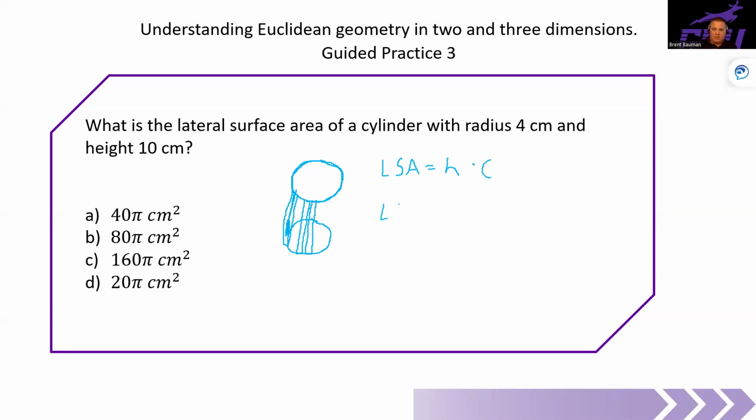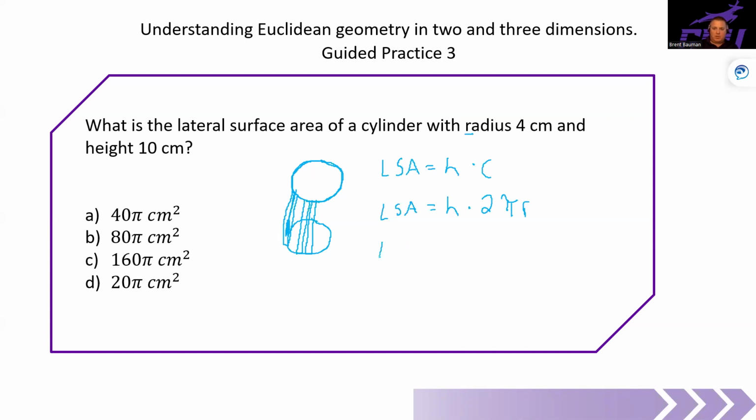So our lateral surface area is equal to the height. Now we need to look at what figure we're dealing with. We're dealing with a circle. So we have 2 pi r as our circumference, since we're given a radius. You could use the diameter instead of the 2r.